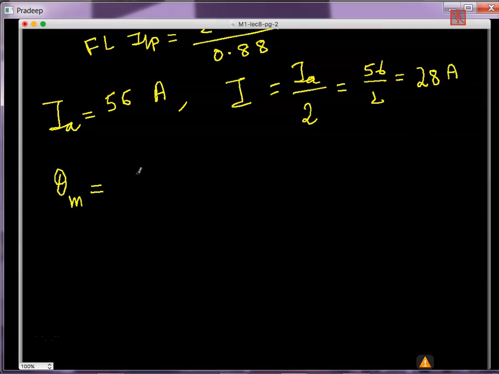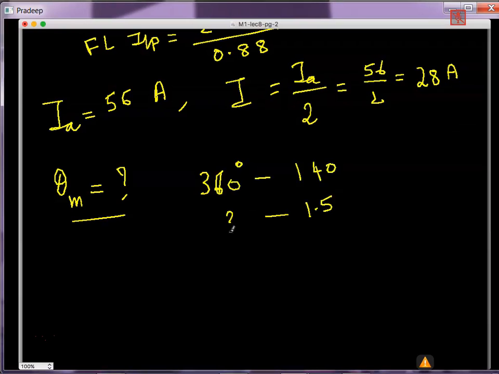Next thing I have to find is theta m. There are total 140 segments for 360 degrees. So if 1.5 segments is the shift, how many degrees does that represent? This is the question. So simply cross multiply. I get 360 multiplied by 1.5 divided by 140.